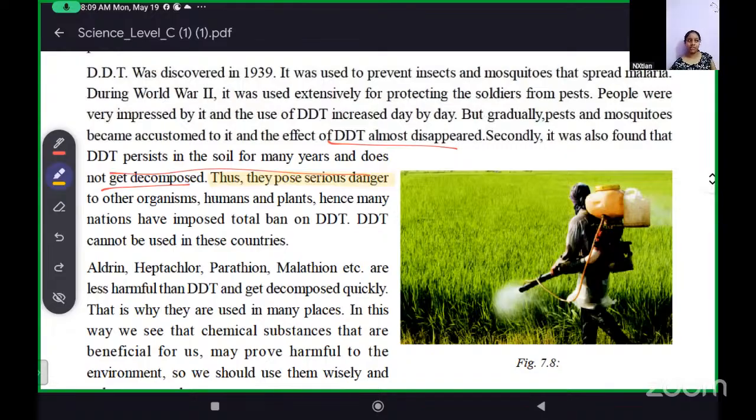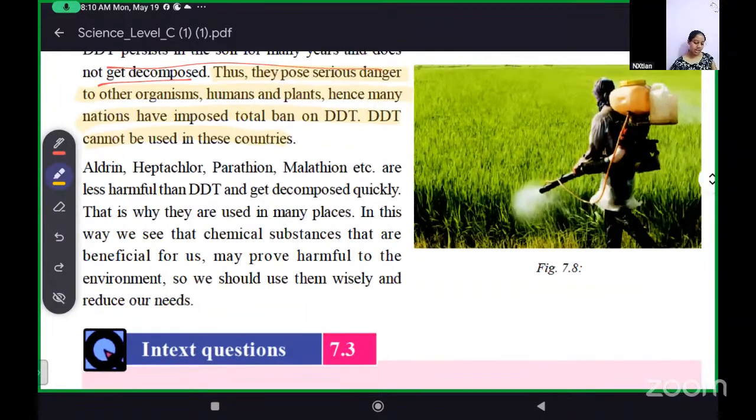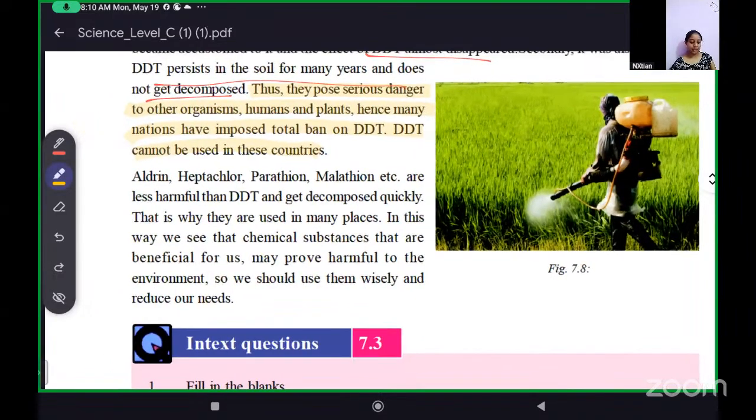I'll look into it, but that's an interesting fact. Yes. Then they pose serious danger to other organisms, humans, and plants. Hence, many nations imposed a total ban on DDT. Then there are some other pesticides which are less harmful than DDT, such as aldrin, heptachlor, paraffin, malathion, etc. And they also get decomposed easily.